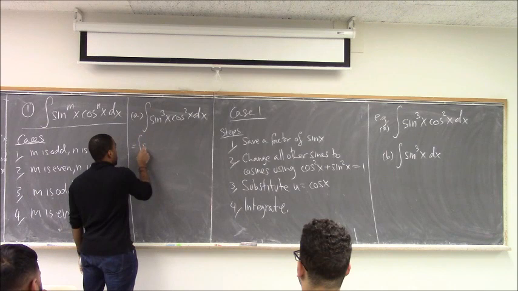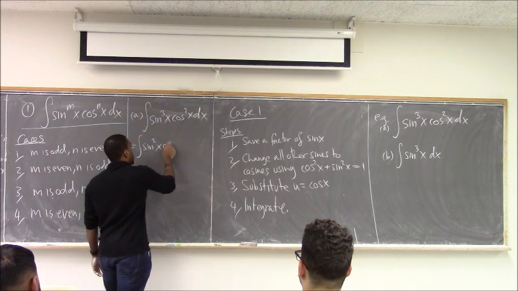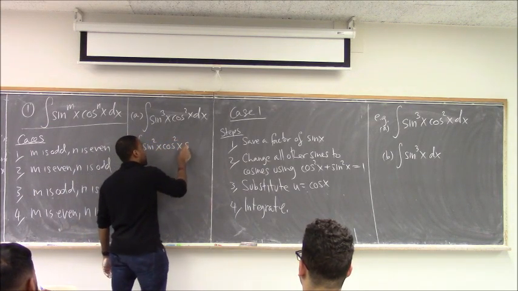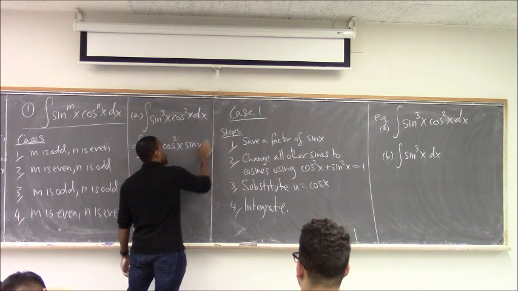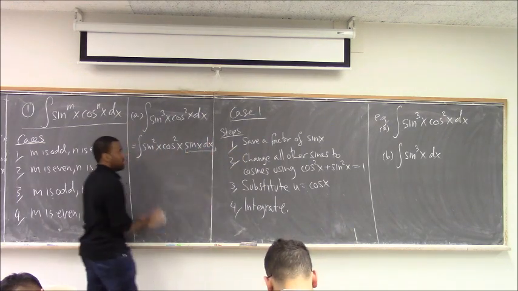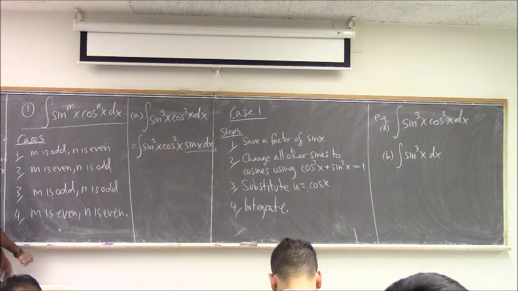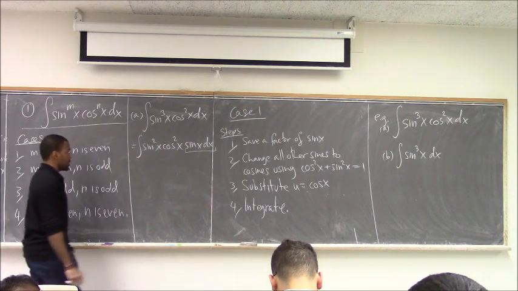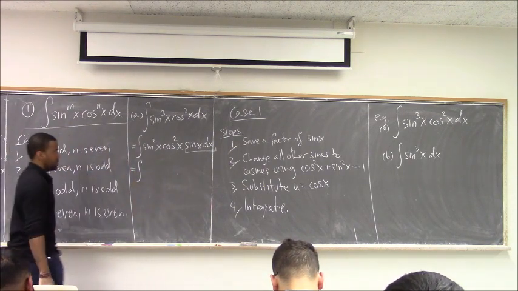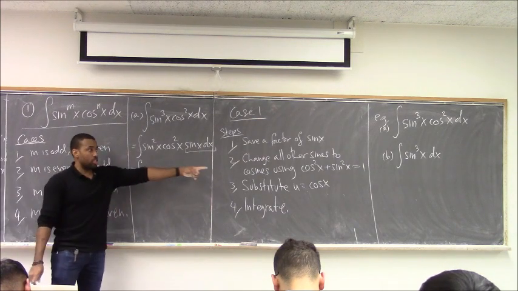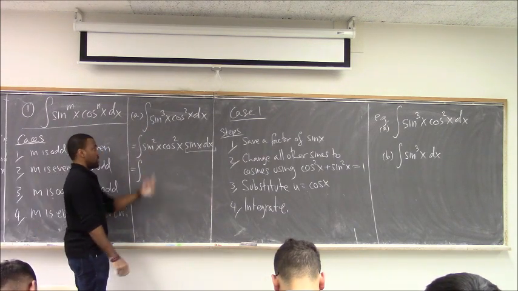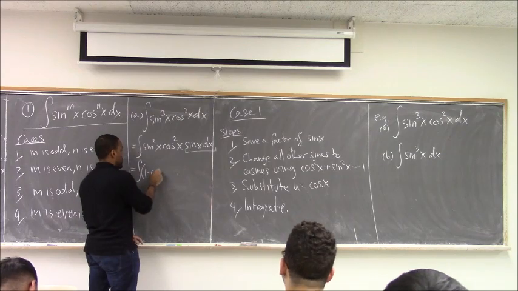The first trick is that you need to save one of the sines. So I'm going to pop off a sine and just leave it at the end. That is your first step. Second step, you're going to change all other sines to cosines. So this is a sine squared. You can now change that to 1 minus cosine squared.